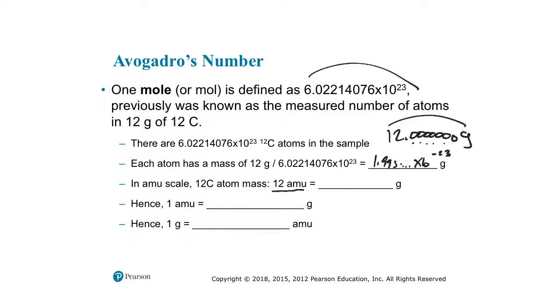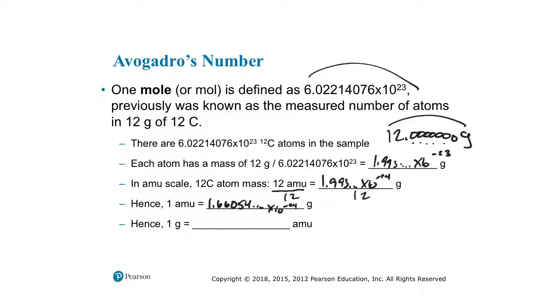I'm going to divide my AMU for one carbon atom by 12, which tells me that 12 AMU is equal to 1.993 times 10 to the minus 23 grams, so 1 AMU, dividing both sides by 12, is therefore equal to 1.66054, you can keep going, times 10 to the minus 24 grams.